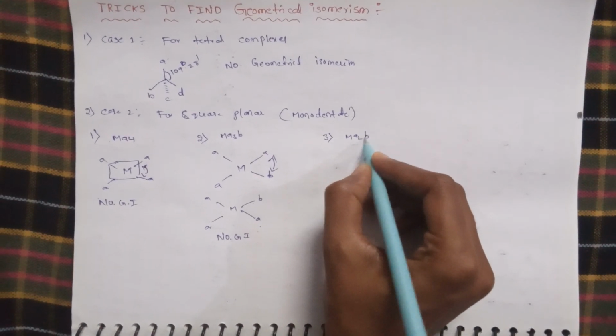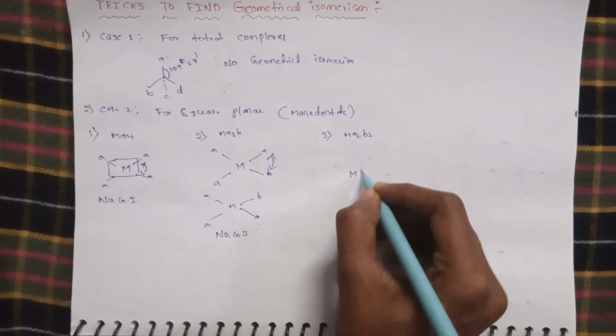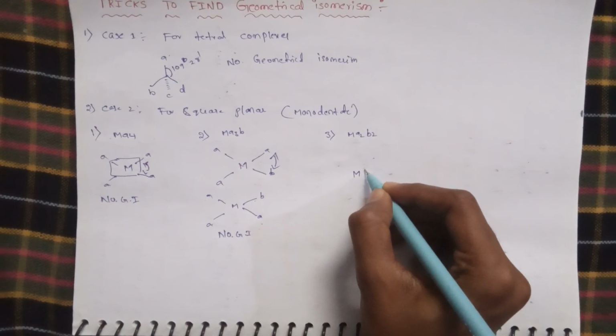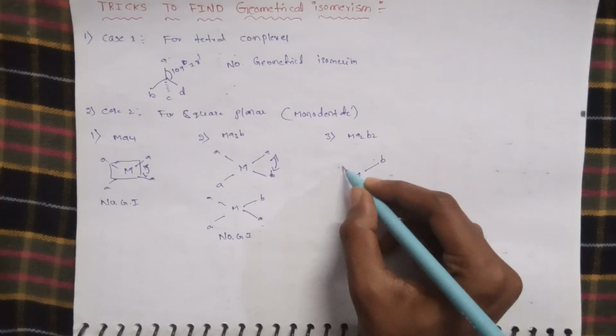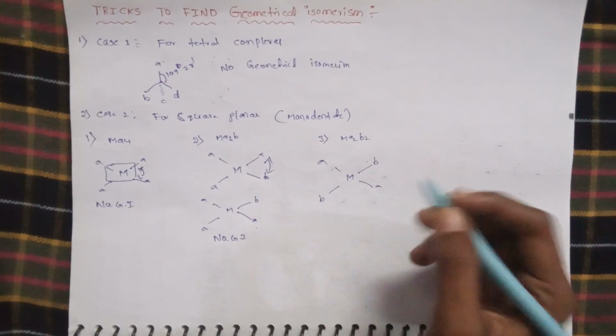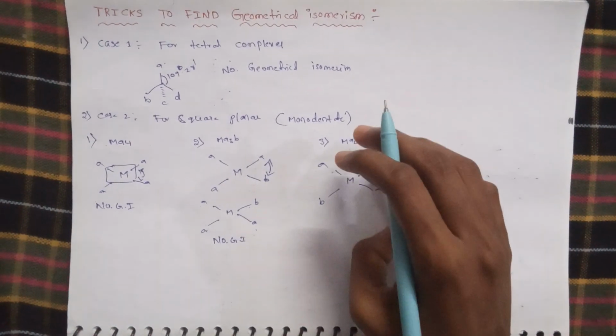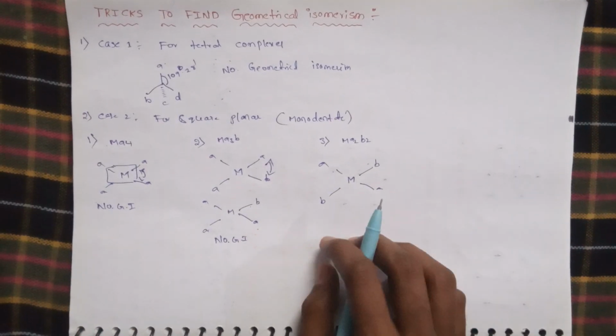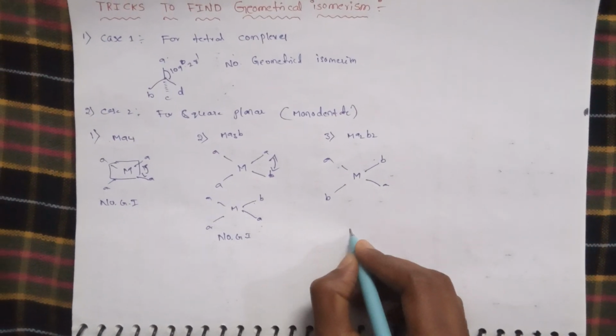And MA2B2. This is the structure, and we write it like this. Now we change the structure.